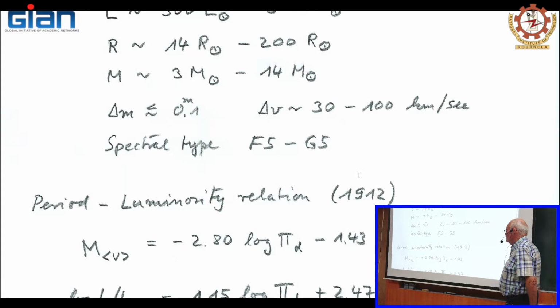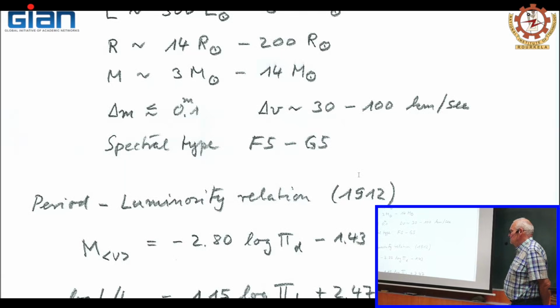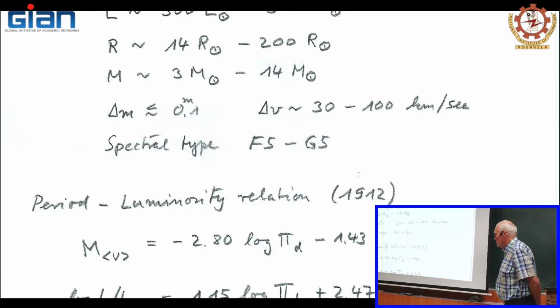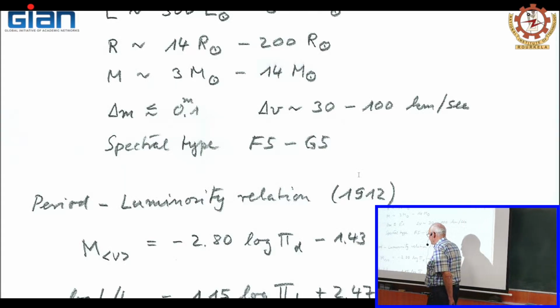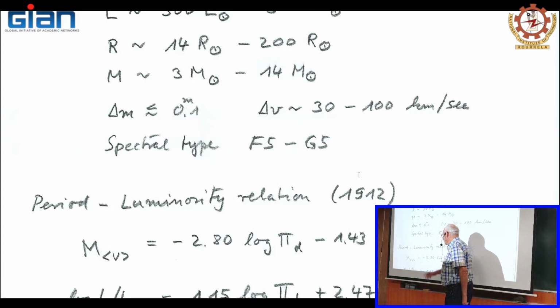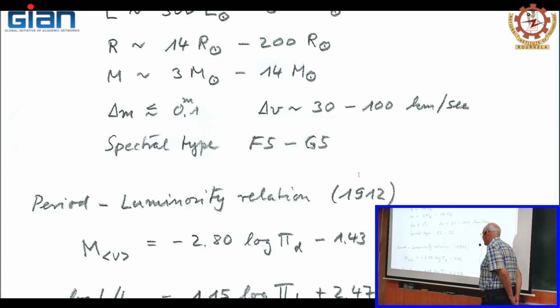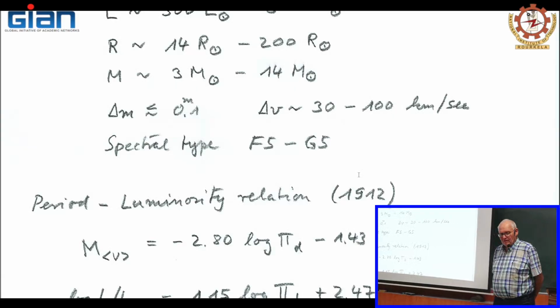This relation was first found in 1912 experimentally and phenomenologically, and it is given by absolute visual magnitude equals minus 2.8 times log period in days minus 1.43.